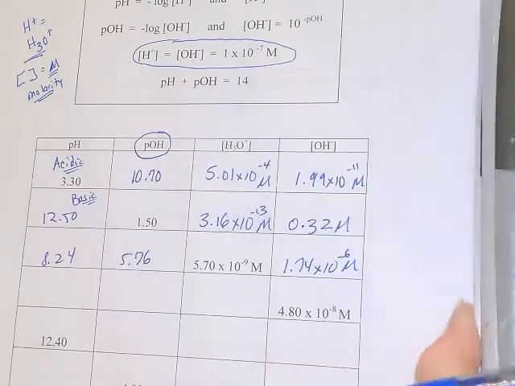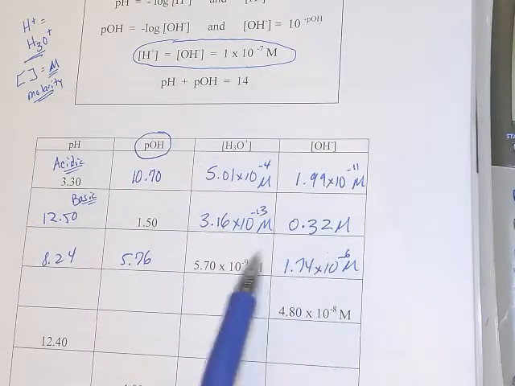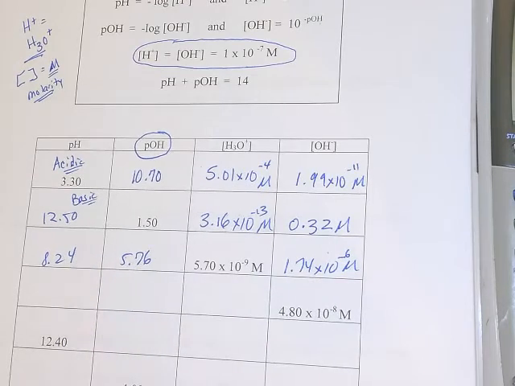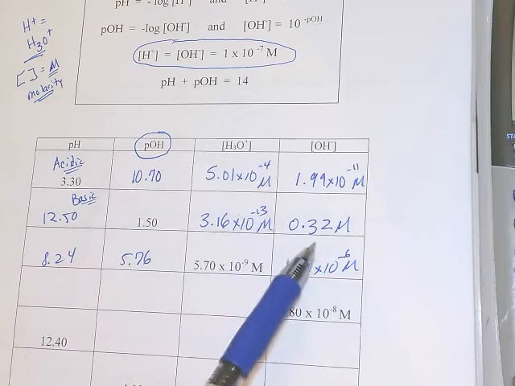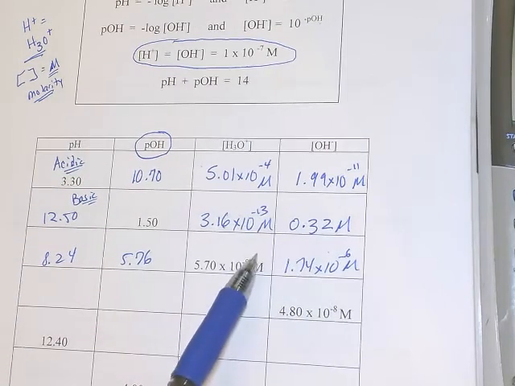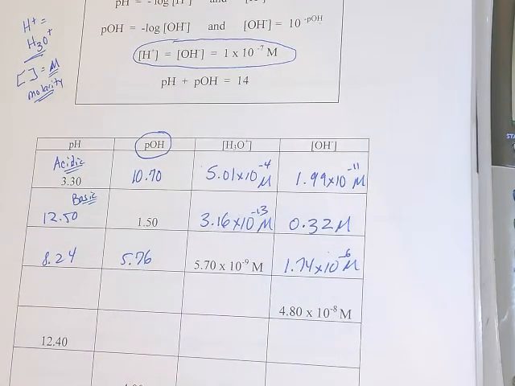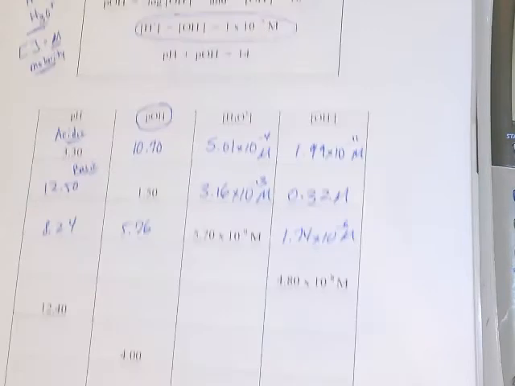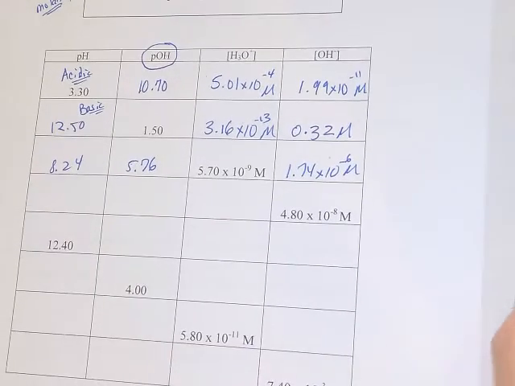So you can see in your final answers that you have solutions that are slightly basic, slightly more hydroxide ion than hydronium ion. Let's skip and go down to a whole number pH.